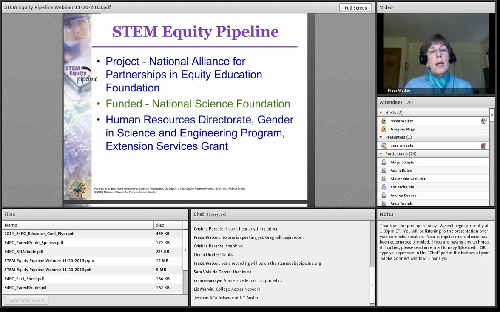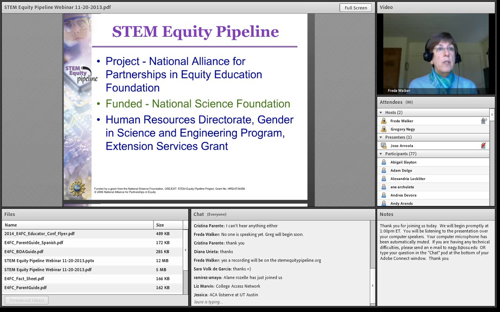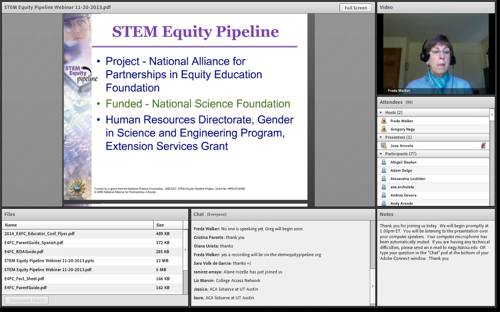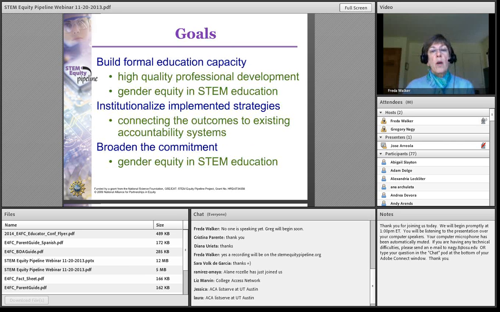The STEM Equity Pipeline project is a National Alliance for Partnership and Equity Education Foundation project. It's funded by the National Science Foundation through the Human Resources Directorate. We have 3 goals.